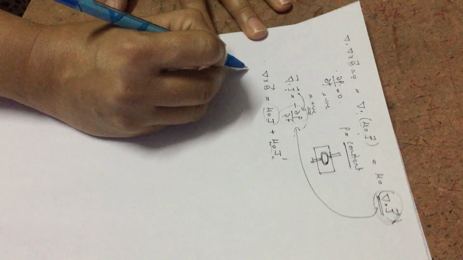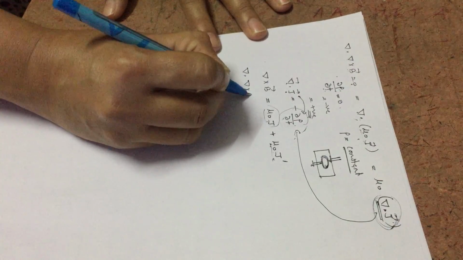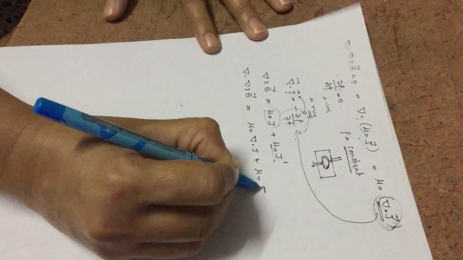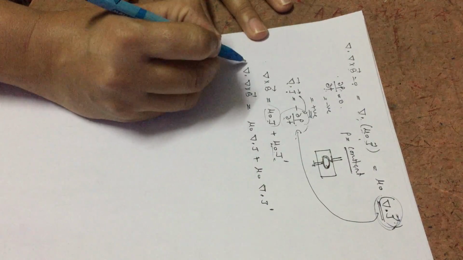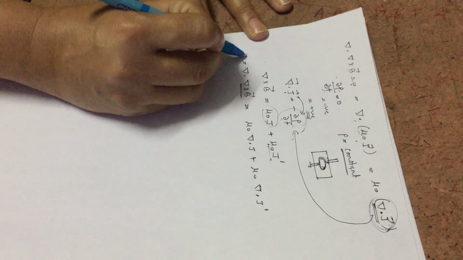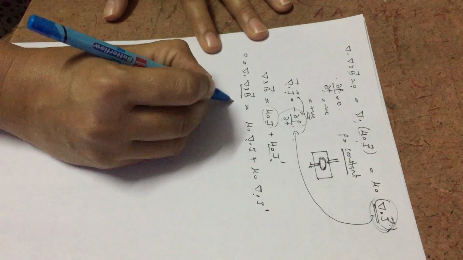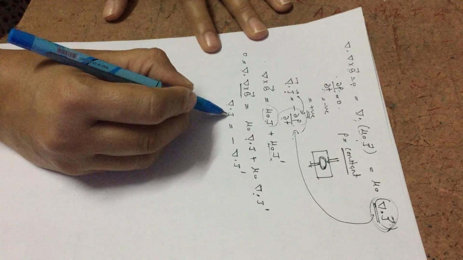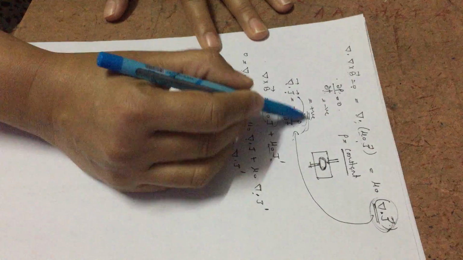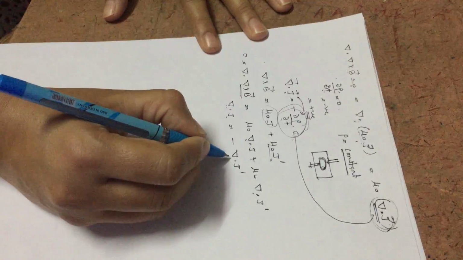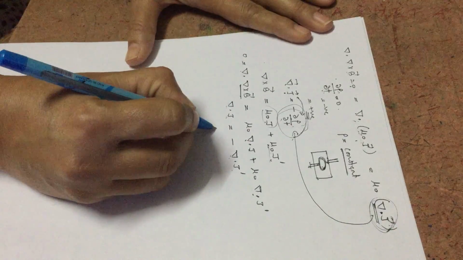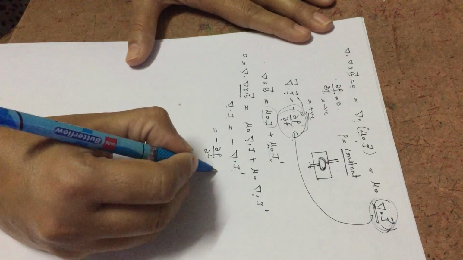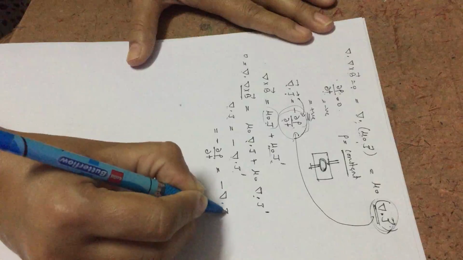If we operate the divergence, we have del dot del cross B is equal to mu naught del dot J plus mu naught del dot J dash, and as the divergence of any curl is always equal to 0, we will have del dot J equal to negative of del dot J dash, where del dot J represents the current density, and del dot J is equal to minus the rate of change of charge density.